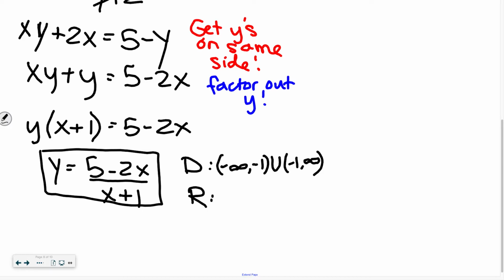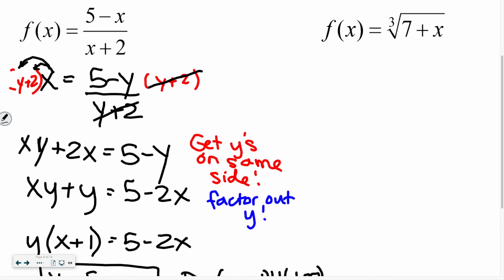Okay, now range, what I would do is use my information about inverses. The range of my inverse is the same as the domain of my original. So if I scroll back up to my original, the original was also a rational function, which looks like a fraction, and I still can't divide by 0. So what x doesn't work in the original? -2.